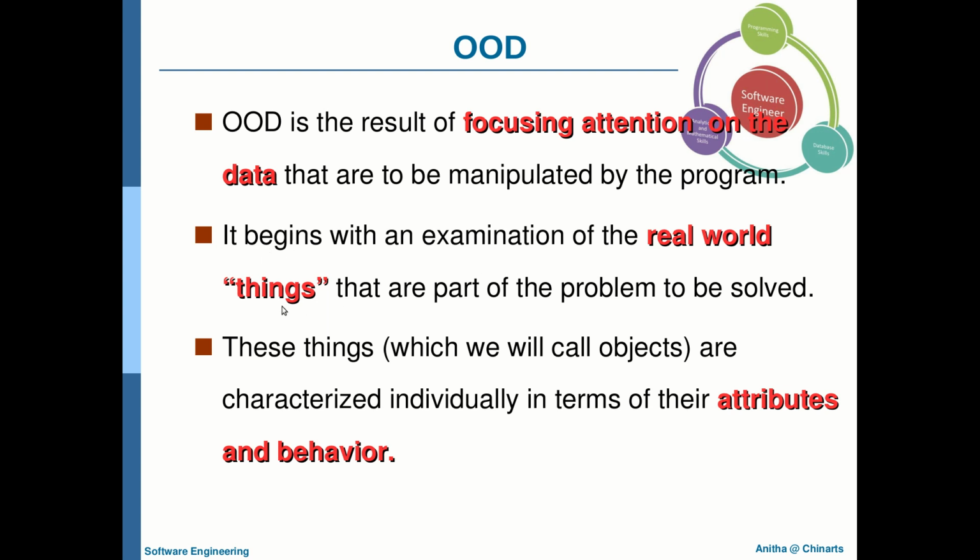Now generally when you take the object oriented design, this design begins with an examination of real world things, or real world entities, which are going to be part of the problem to be solved. These real-time things are otherwise known as real-time entities, or objects, and these objects will be characterized individually in terms of their attributes and behavior.